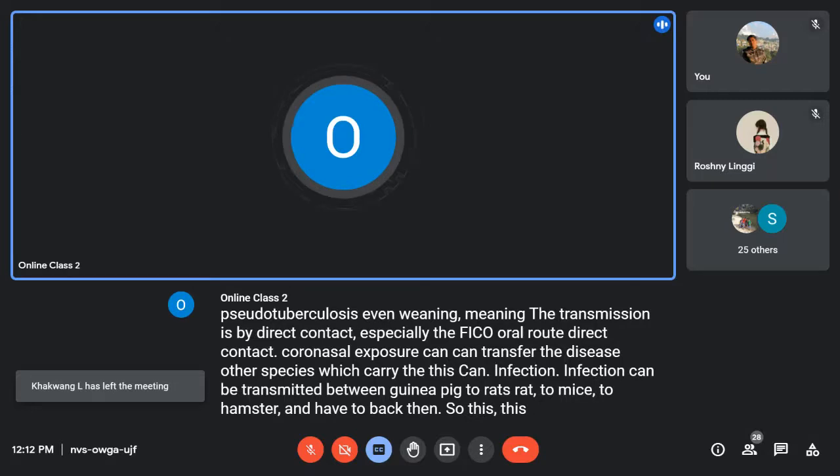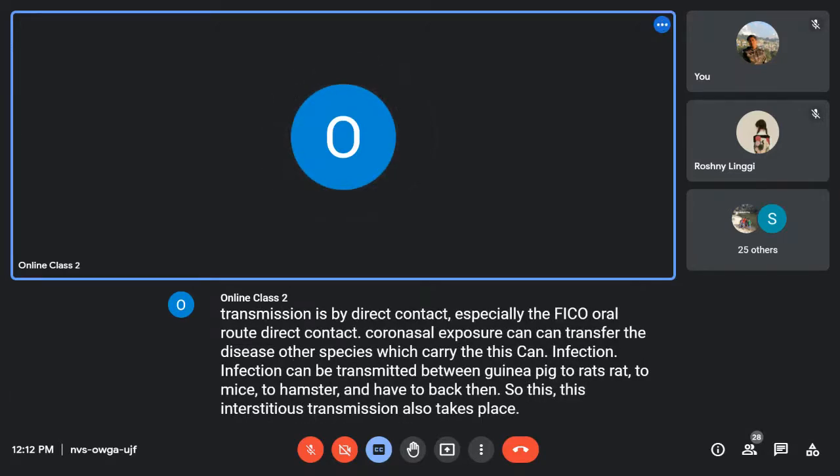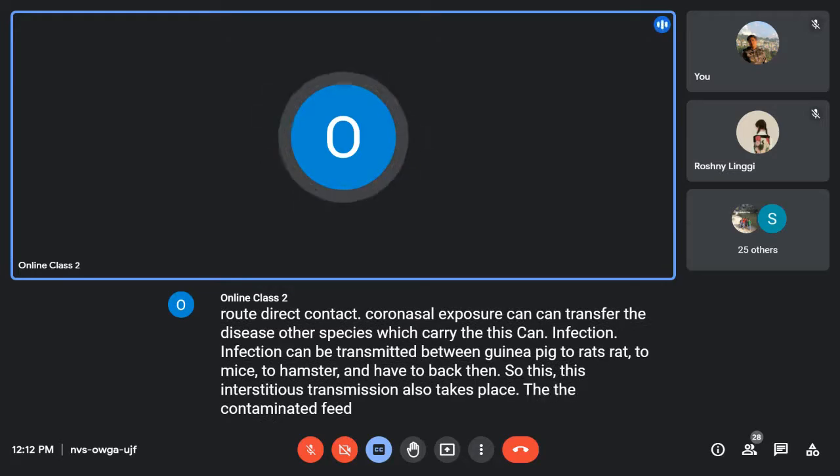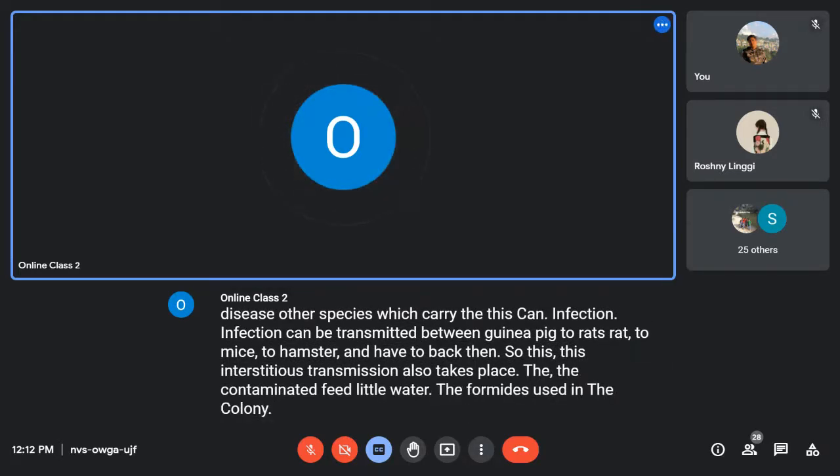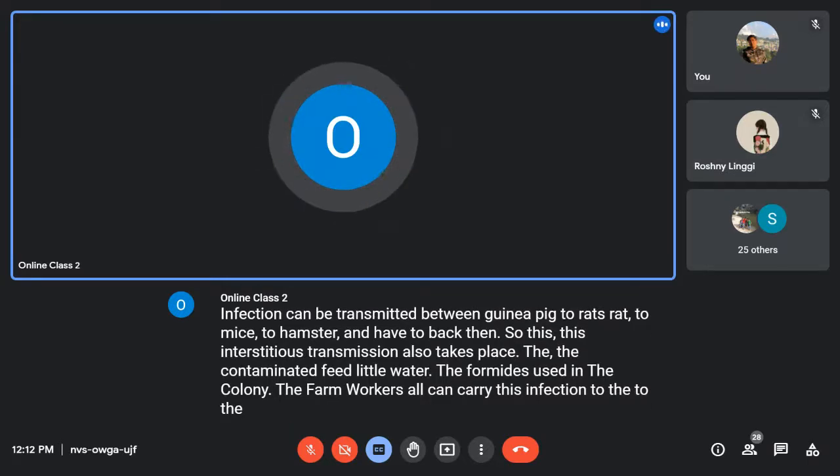So this interspecies transmission also takes place. The contaminated feed, litter, water, the fomites used in the colony, the farm workers all can carry this infection to the fresh colony.